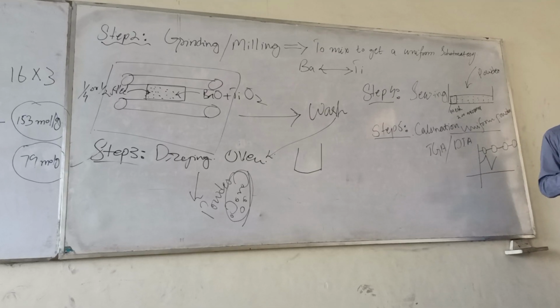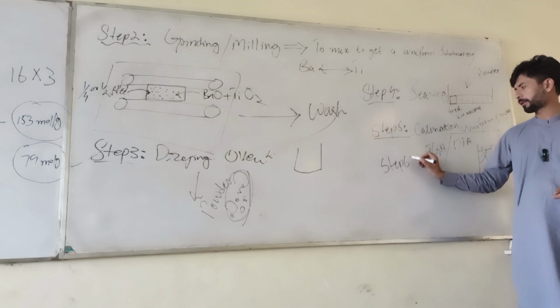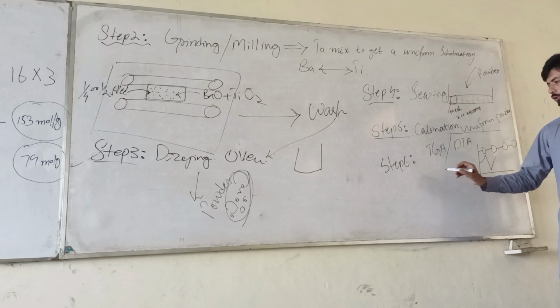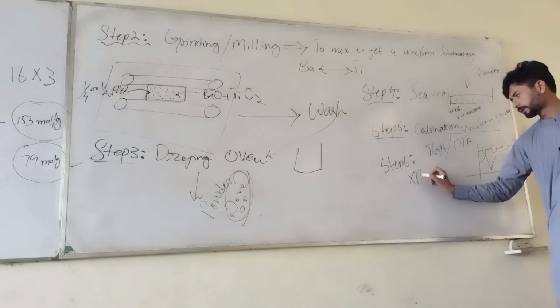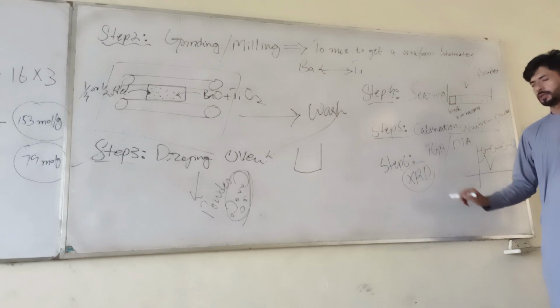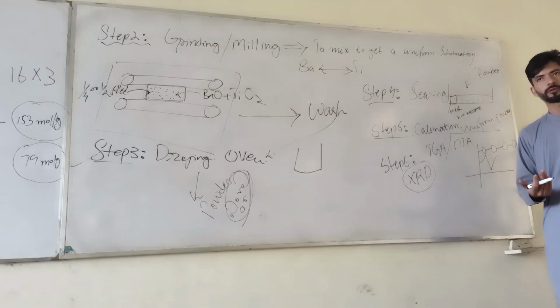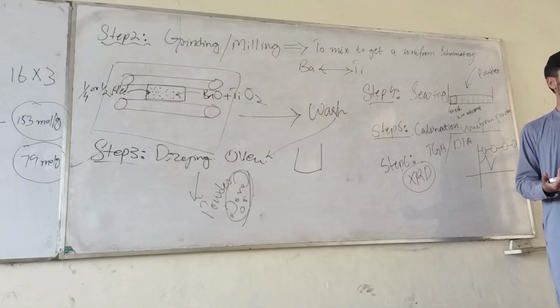When your material is calcined, that means step number 6. Step number 6 includes characterization, the basic characterization. Either your material is perfectly prepared or not.